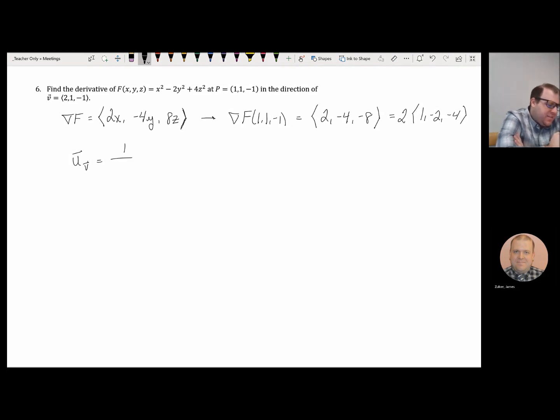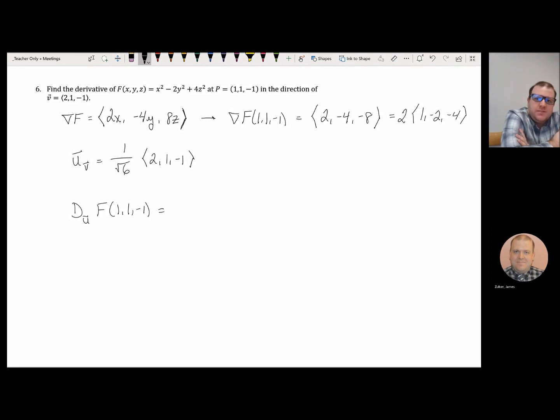Right, 1 over the length, which is root 6.